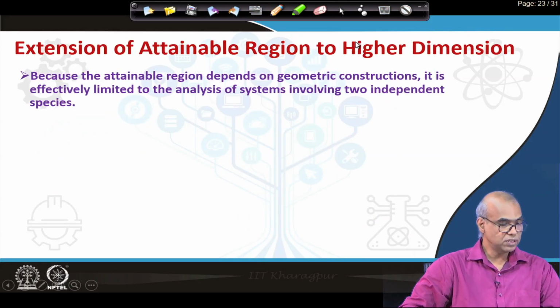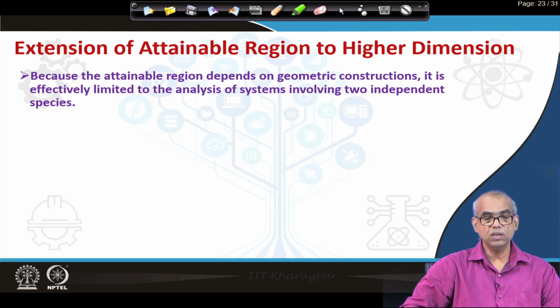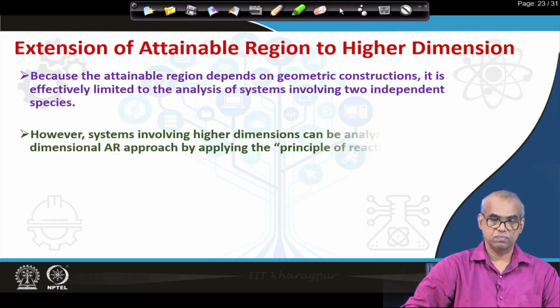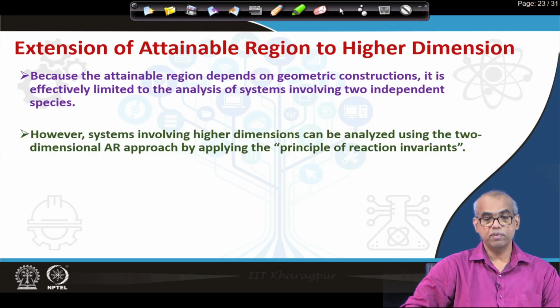So, we will stop this discussion with a comment on how to apply this to higher dimensions. Because the attainable region depends on geometric constructions, it is effectively limited to the analysis of systems involving two independent species. However, systems involving higher dimensions can be analyzed using the two-dimensional attainable region approach by applying the principle of reaction invariance.